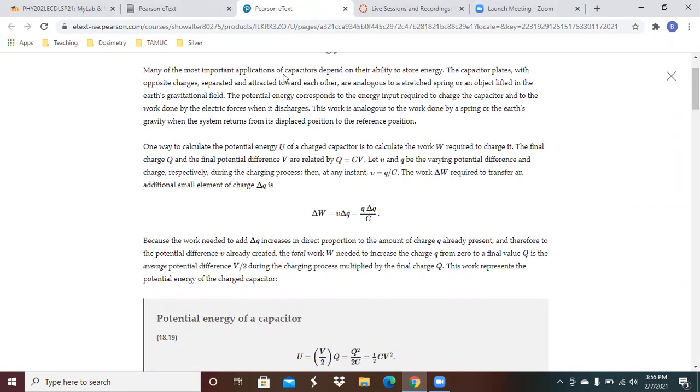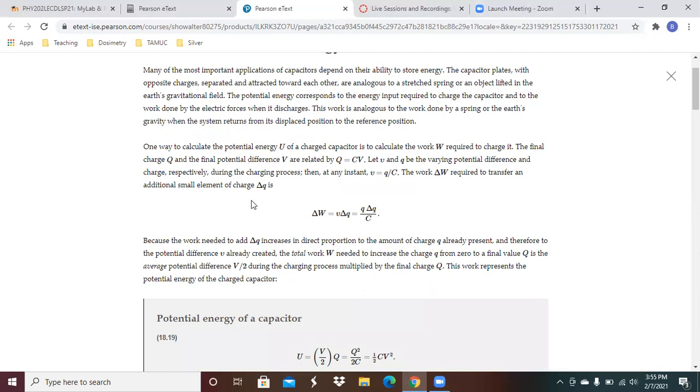Many of the most important applications of capacitors depend on their ability to store energy for later use. The capacitor plates with opposite charges are separated and attracted towards each other. They're very analogous to a stretched spring or an object lifted in the Earth's gravitational field.